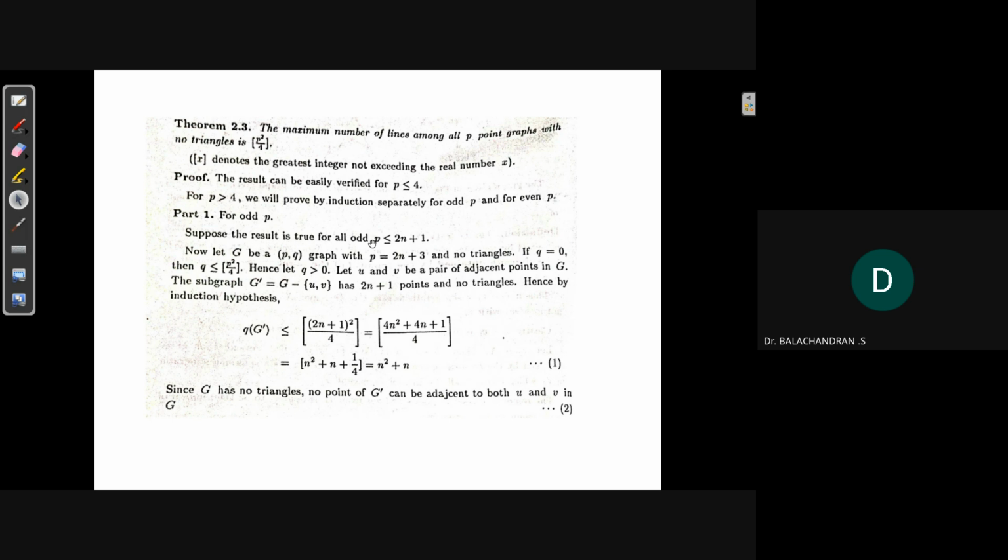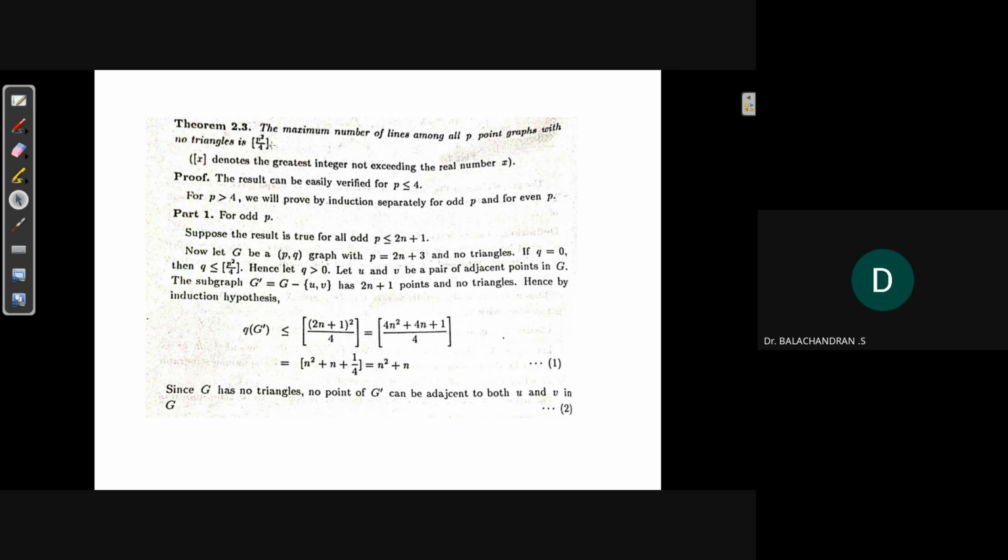Now first case, P is odd. Suppose the result is true for all odd P less than or equal to 2n plus 1. That means, suppose G is a graph with 2n plus 1 vertices and no triangle, then the maximum number of edges in that graph is (2n plus 1) whole square by 4.